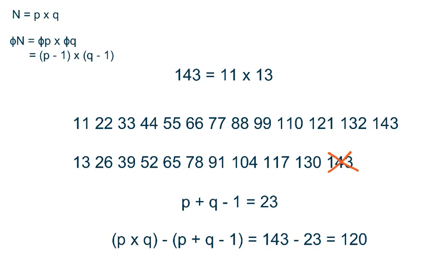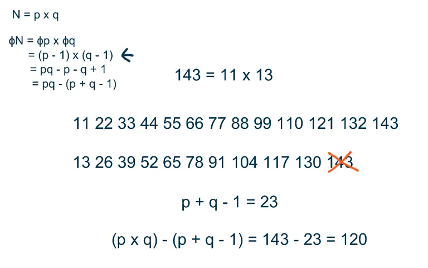Okay, so now up here in the top left-hand corner, I've defined the phi of n as p minus 1 times q minus 1. And if I multiply that out, I get pq minus p minus q plus 1, or pq minus the entire quantity p plus q minus 1.